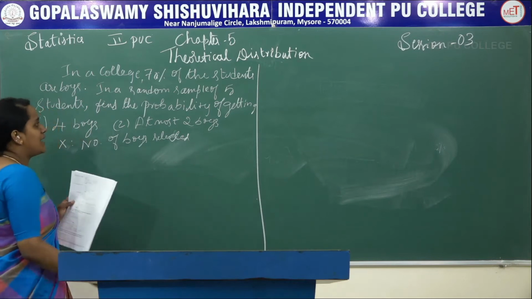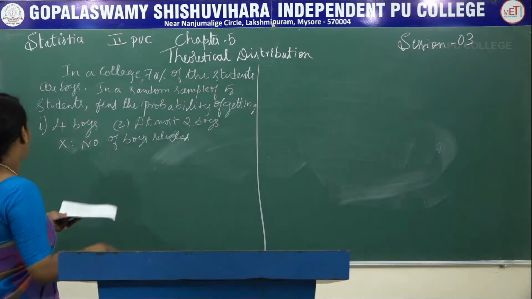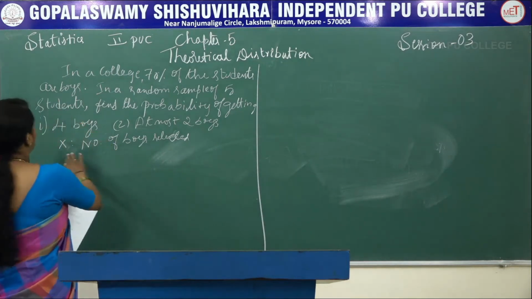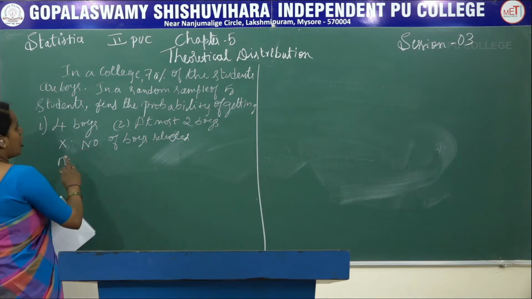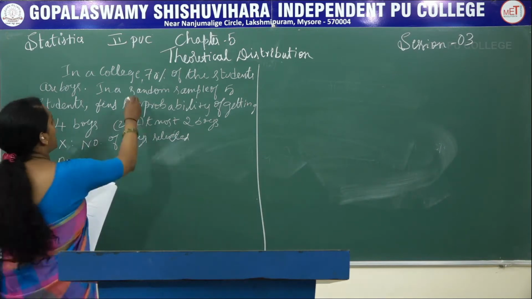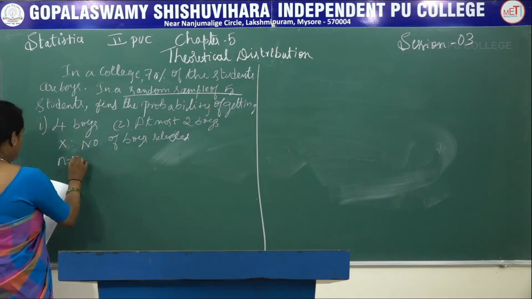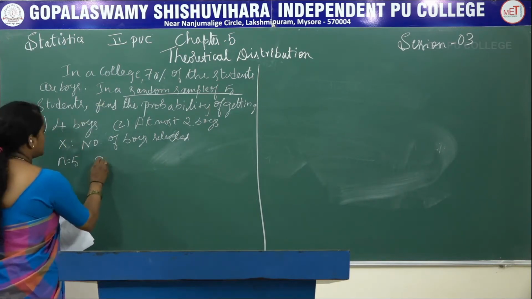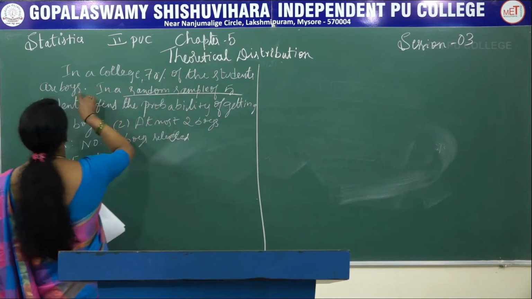Since x is a binomial variate, it follows binomial distribution with n, the random sample, which is 5, and p, 70% of the students are boys.